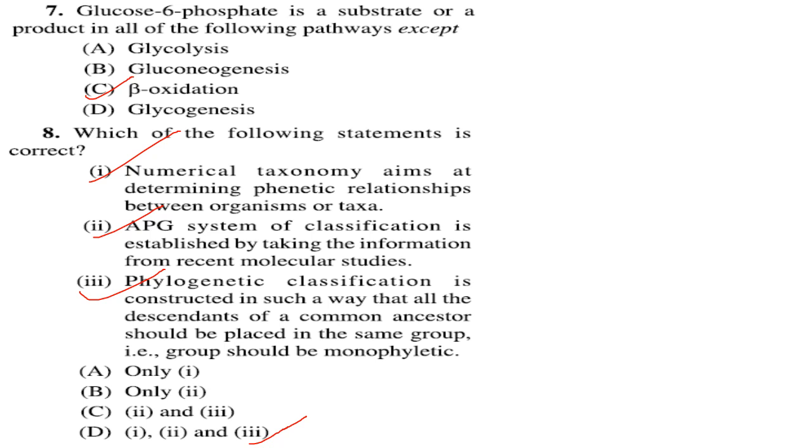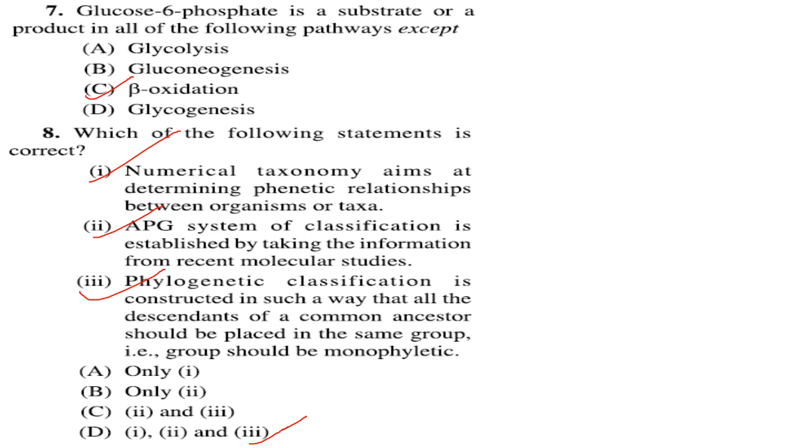Which of the following statement is correct? Numerical taxonomy aims at determining phenetic relationships between organisms and taxa. That's correct. APG system of classification, that is angiosperm phylogeny group system of classification, is established by taking information from recent molecular studies.